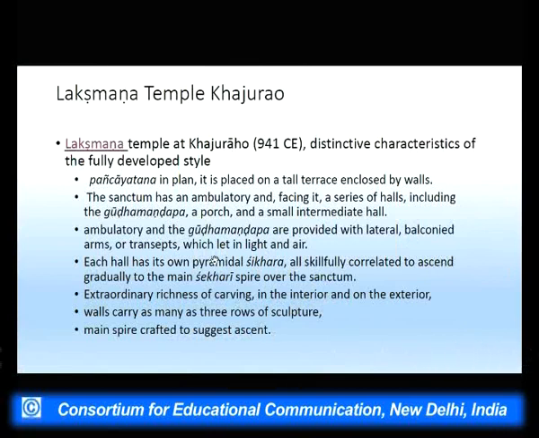Now, one of the architectural features of Khajuraho temples is that they are very lofty, but they do not have a prakara or a wall surrounding them. What do they have? They have a very high jagati or plinth, which gives each temple its individual space.